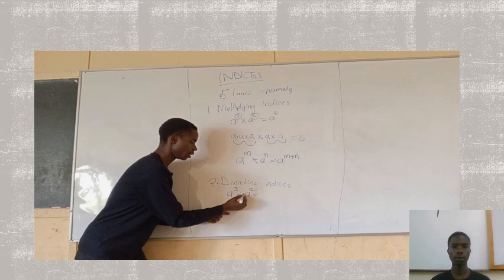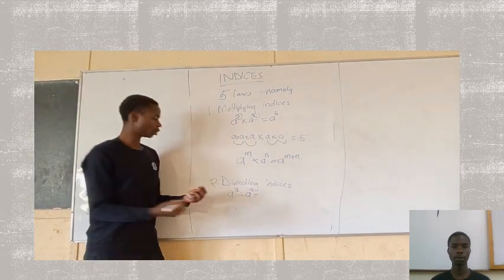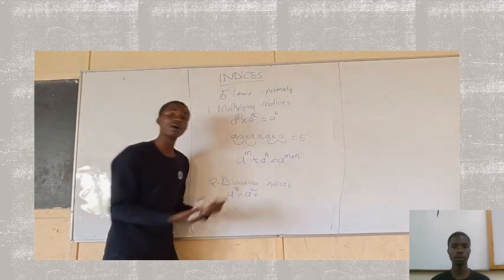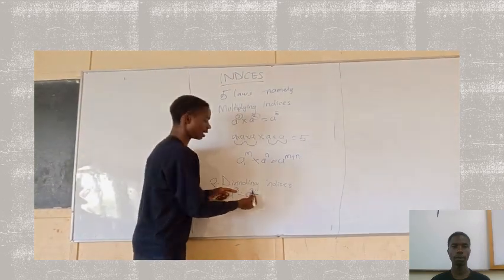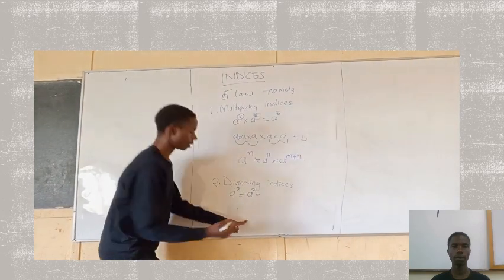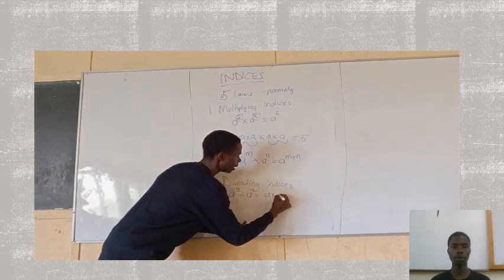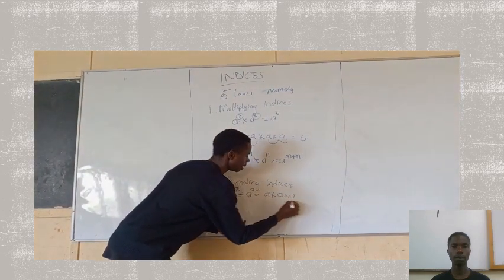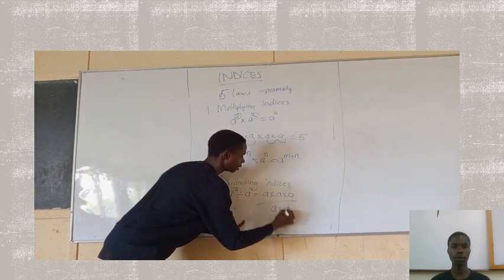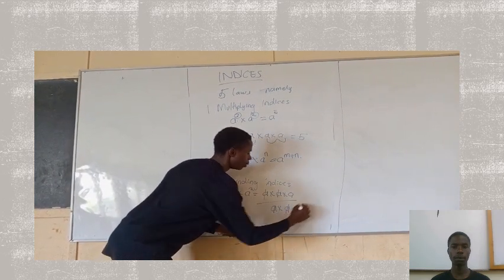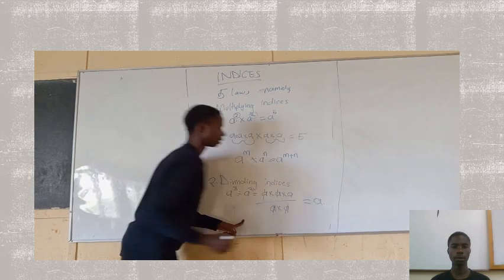When it comes to division, we subtract the powers. It's the difference between this and this. Let's say A multiplied by A multiplied by A, divided by A multiplied by A. This cancels, which is equal to A.